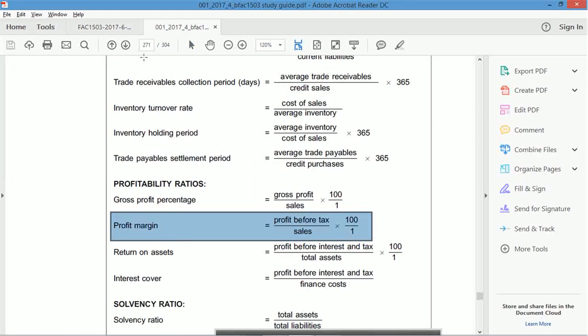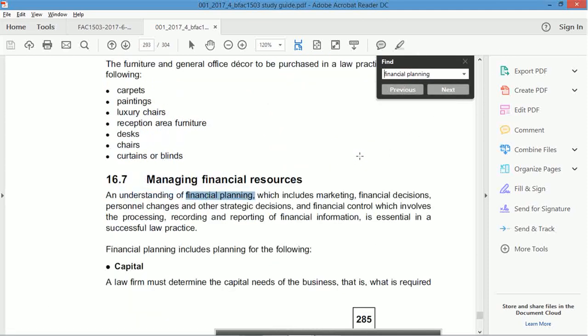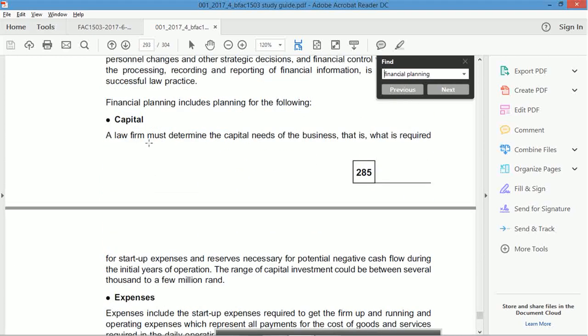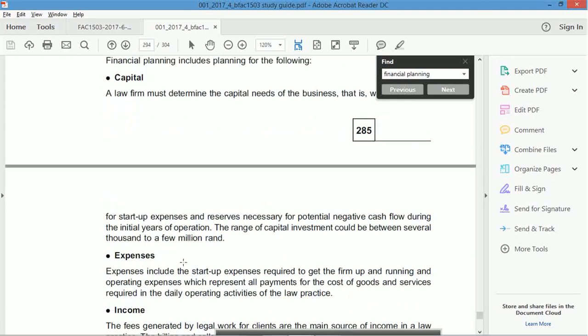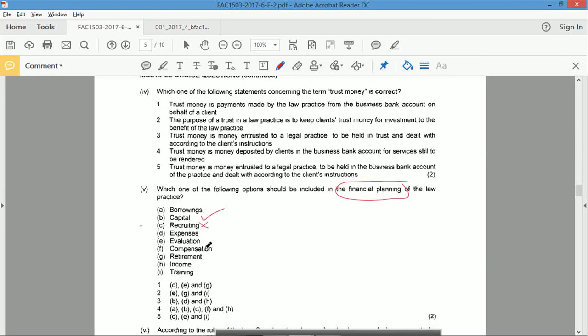Let's refer to the textbook, because they're going to ask you a question that comes out of the textbook. Financial planning. Okay, understanding financial planning. Financial planning includes the following. So capital's in, expenses are in, income is in. Okay, so capital, yes.